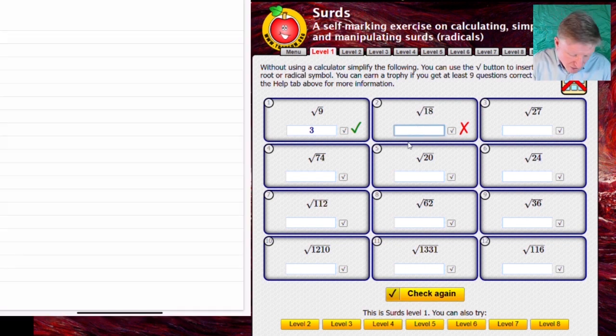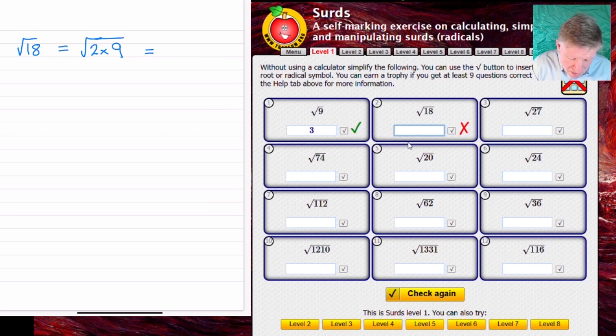So we have got root 18, the square root of 18. Well, as we saw before, 18 can be split up into 2 and 9. So I could write root 18 down like that, which is equal to the square root of 2 times the square root of 9.